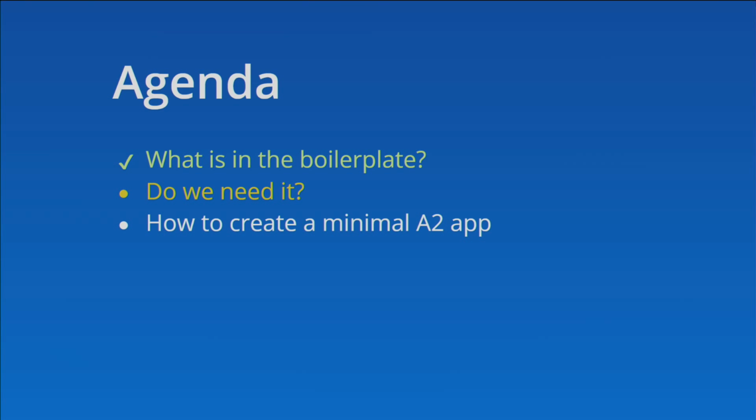We need to structure our application, and so we need module system. And utility libraries are used by Angular itself. So if we are not using them, well, nothing bad happens. But if we are using them, then we kind of benefit from something that was already there. So why not? And now let me show you how to create a minimal Angular 2 application.